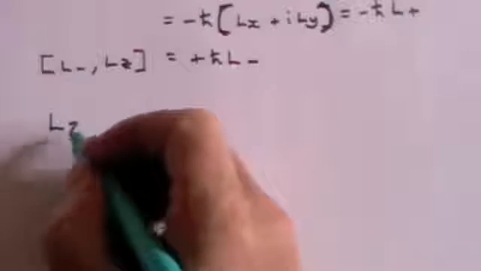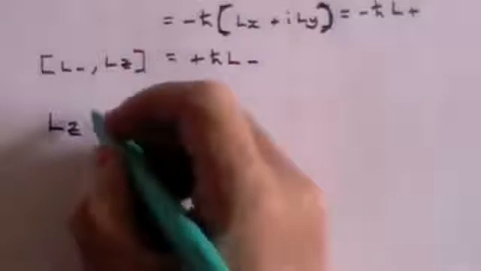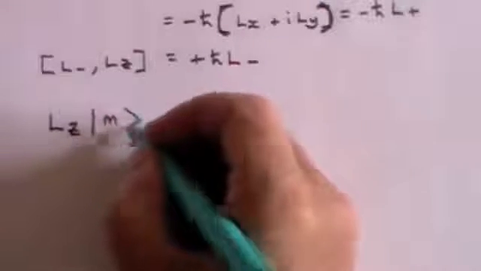Now, let's think about what Lz actually does. Lz is an operator, and it acts on the state of the system, which for our purposes is the state of angular momentum of the system.